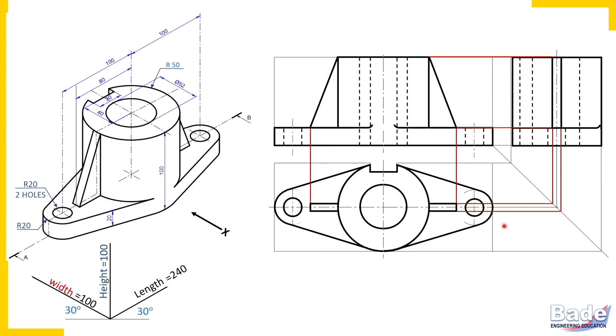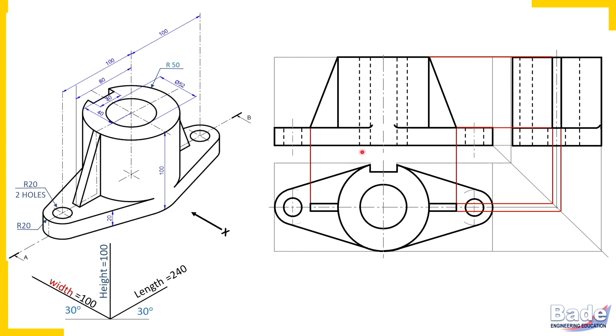So this is the front portion and this is the back portion. So the front portion is to be removed, but not actually; you should not erase it. You should imagine it as a removed portion. This is the front side and this is the back side. The front portion is to be imagined removed. Remember, in sectional views, the portion nearer to the observer is to be imagined removed.